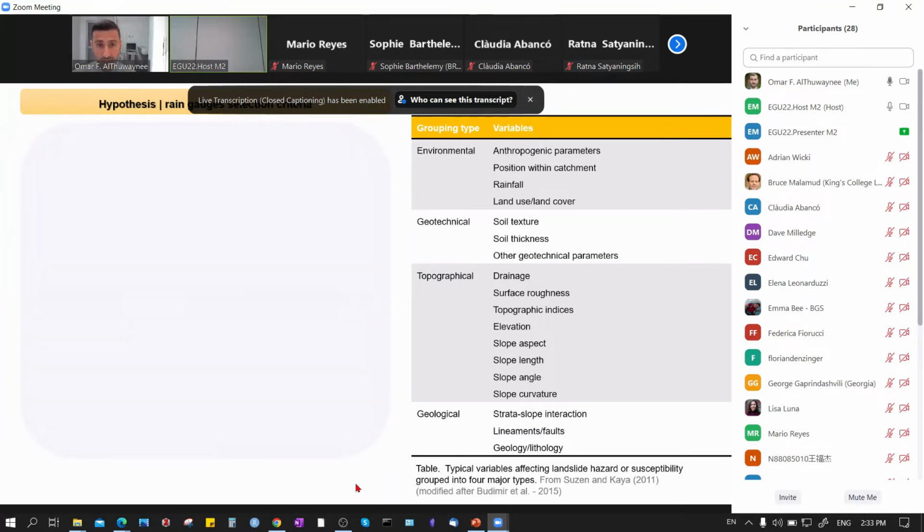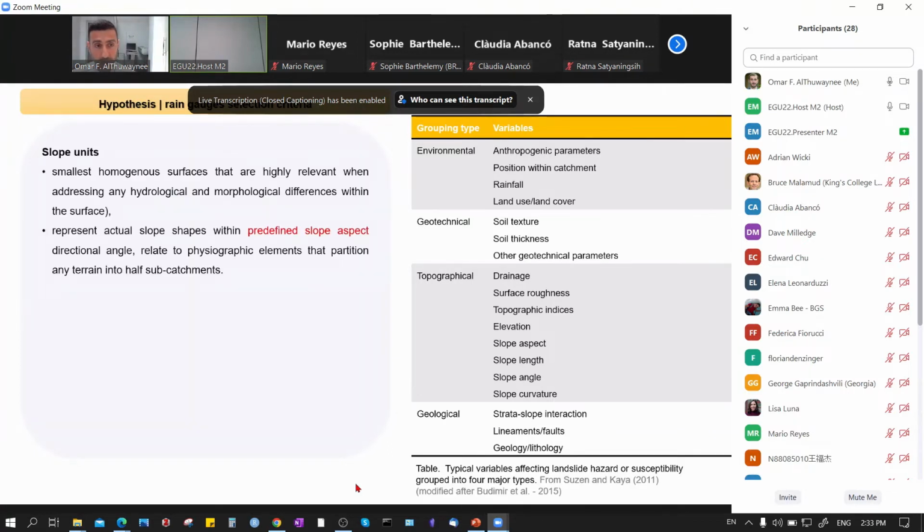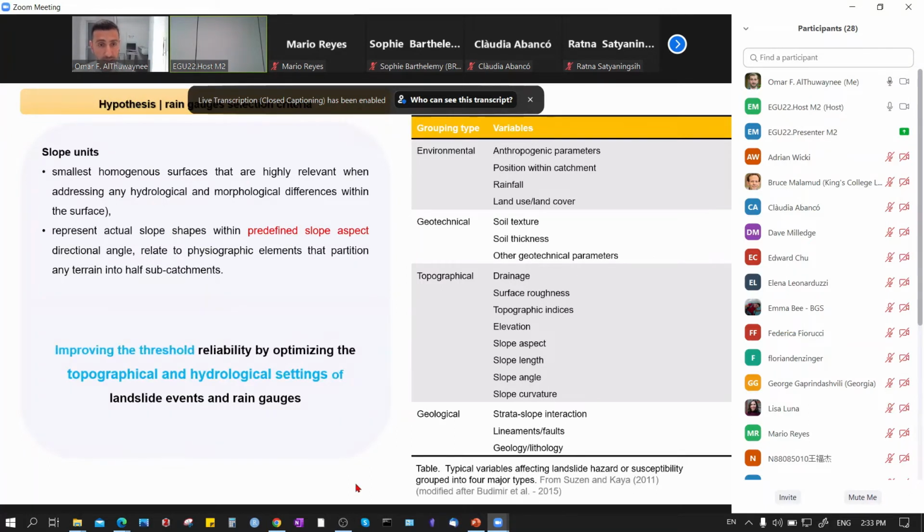So in this research, we are including these kinds of settings, which are hydrological and topological, and also, next please, we have included the slope unit component, which is a homogeneous slope surface that connects the slopes within specific aspects.